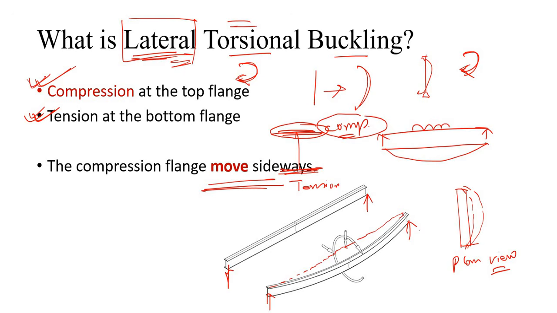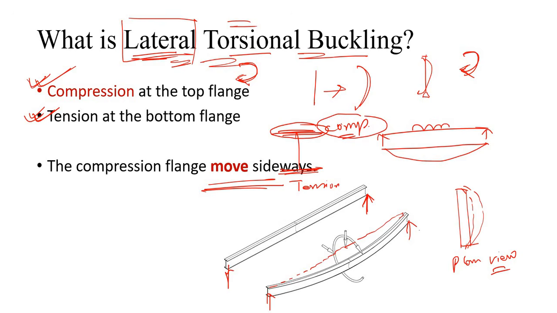So this phenomenon will happen, and it is known as torsional buckling, right? So what are the questions now? There are a lot of questions, right? If we don't answer all these questions, we do not understand what lateral torsional buckling is, or why this happens, and also as an engineer, what solution we have to provide to prevent this.